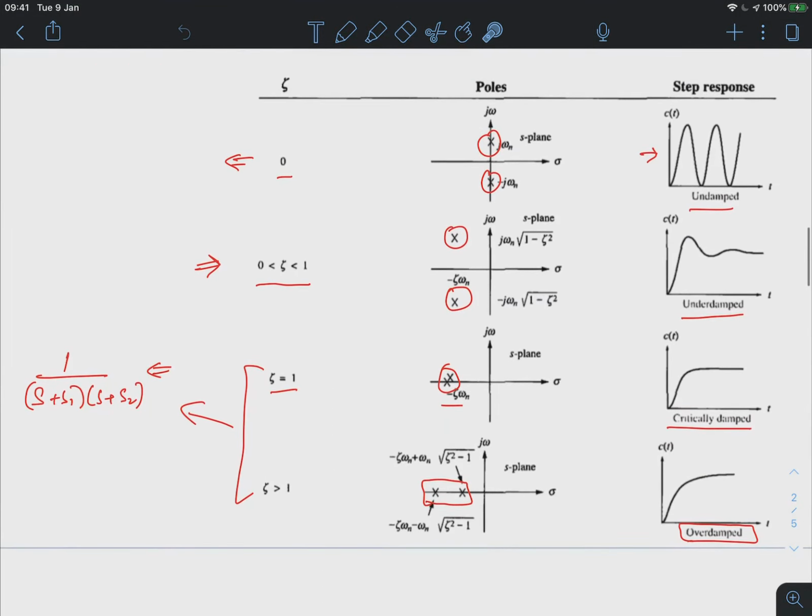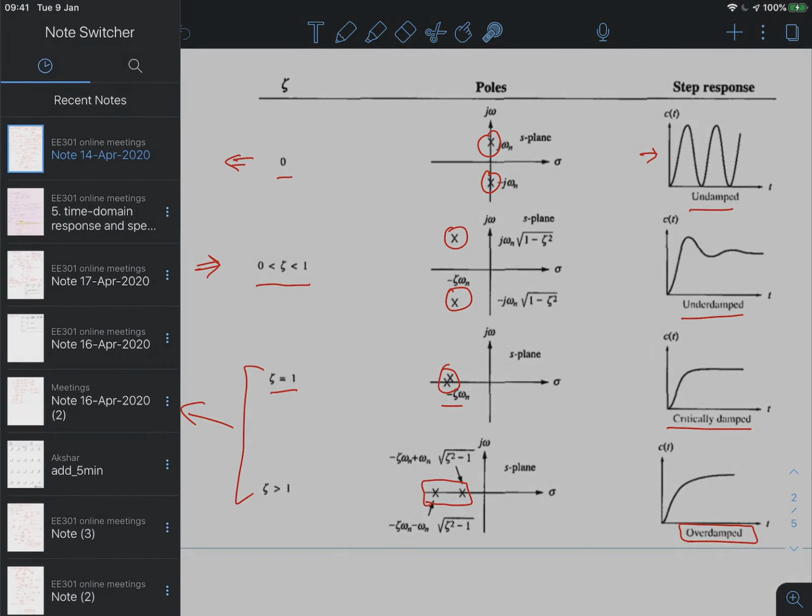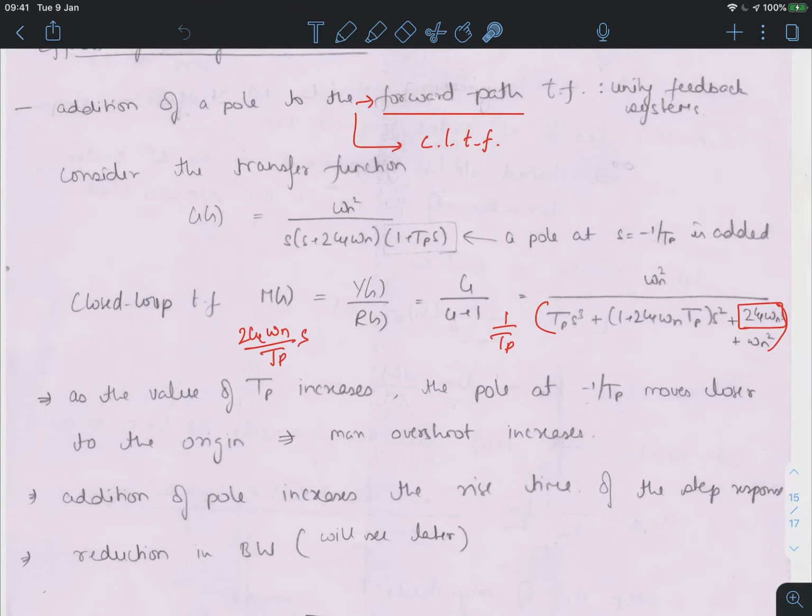In the pre-discussion, if we have a decreasing xi, then the overshoot would increase, and for xi equal to 0, we would have the highest overshoot. So since the damping has decreased, we will see an increase in the maximum overshoot.